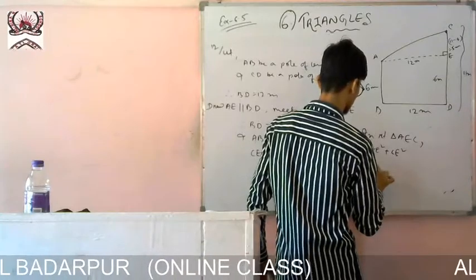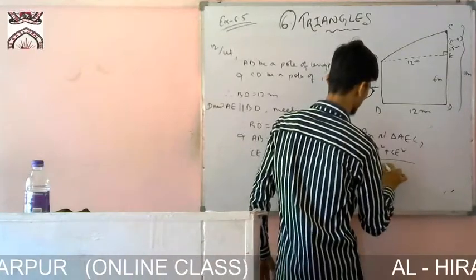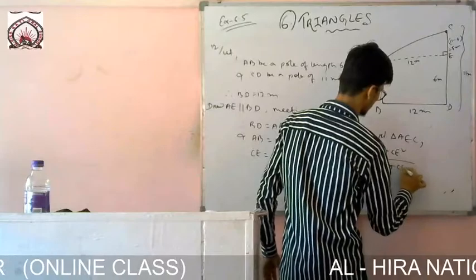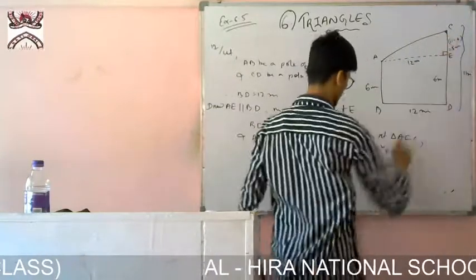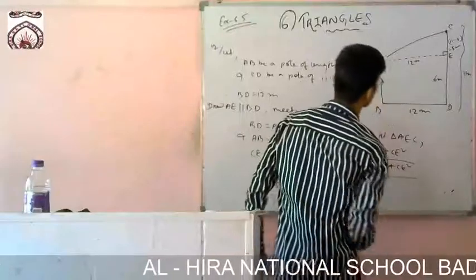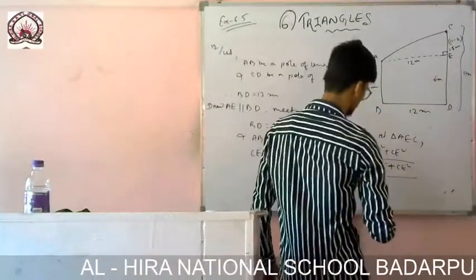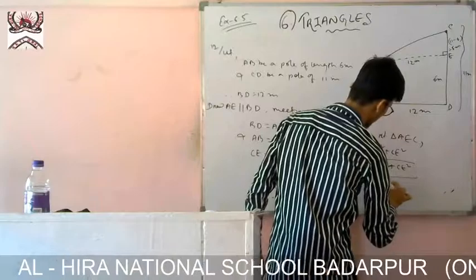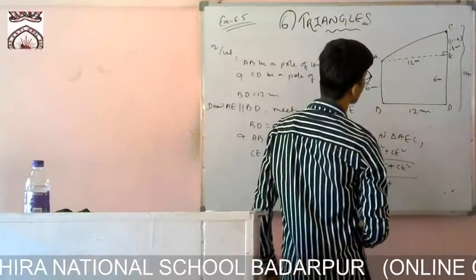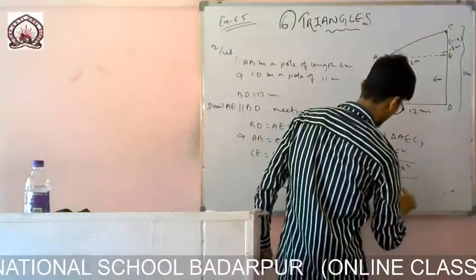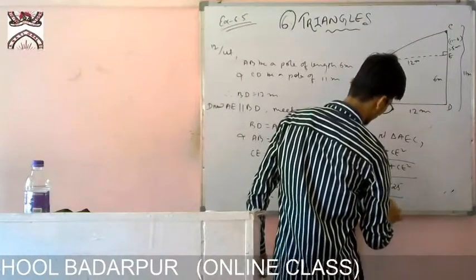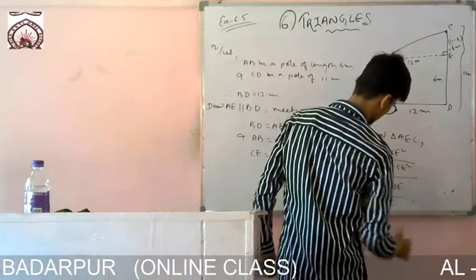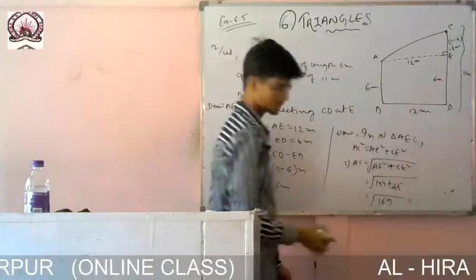AC is equal to root of AE square plus CE square. So what is the value of AE? AE is 12. So directly I am writing 12 square, 144, and CE is 5. So 5 square, 25. 144 plus 25 is 169.